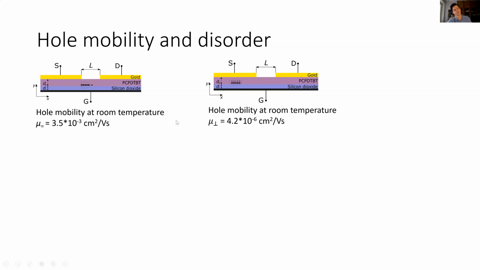Using those two techniques at room temperature, we measured 3.5 times 10 to the power of -3 in the direction parallel to the substrate, and in the perpendicular direction we got 4.2 times 10 to the -6. So we see around 800 times higher mobility near the dielectric layer than in the direction perpendicular to the substrate.